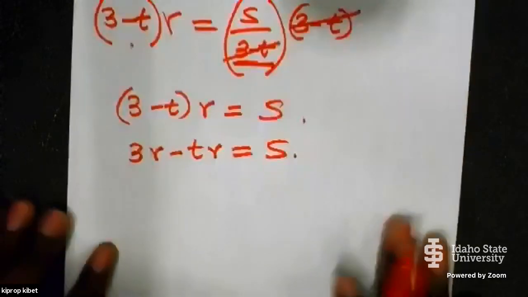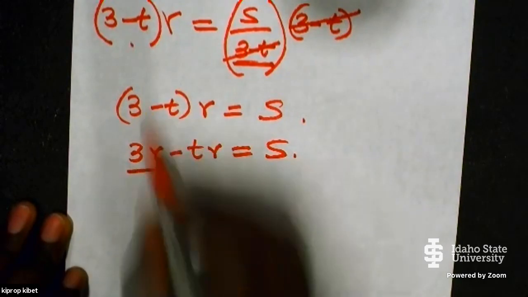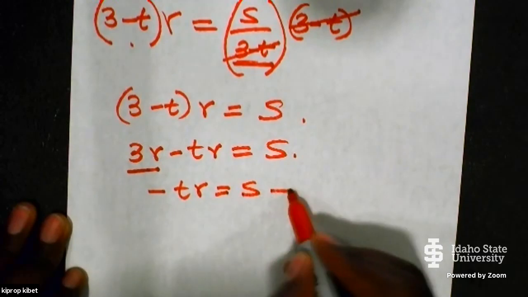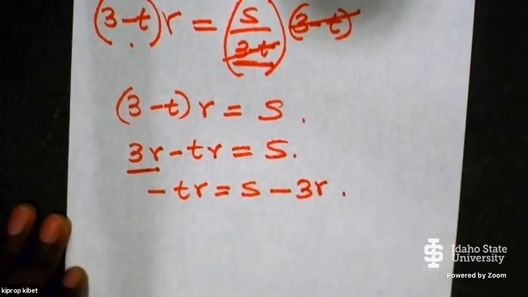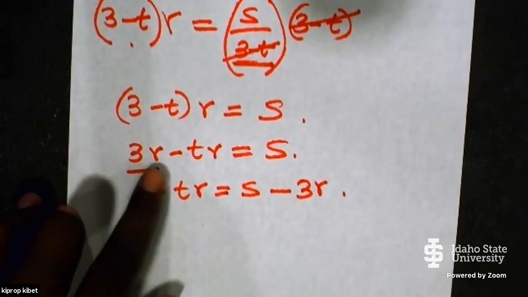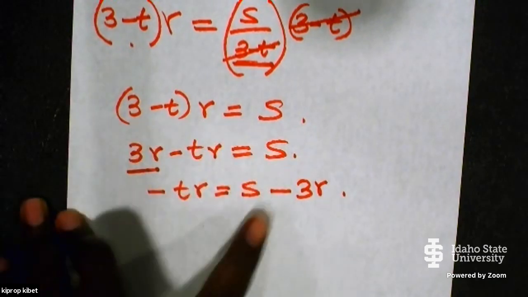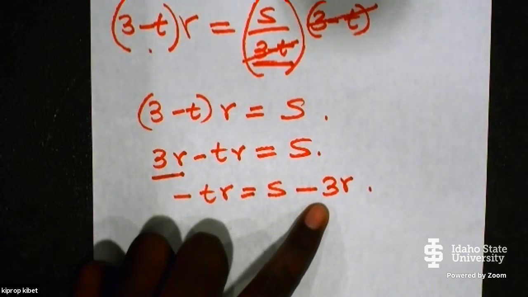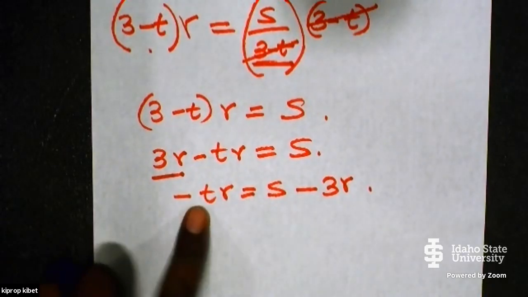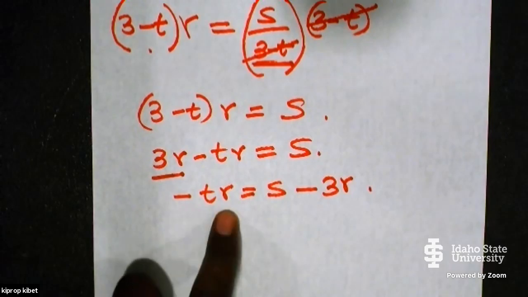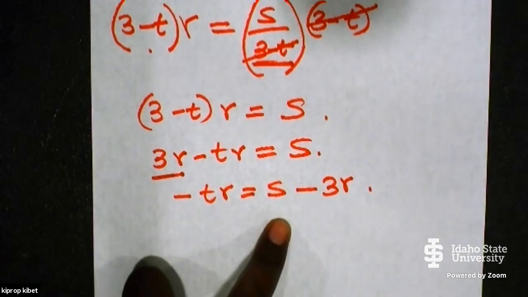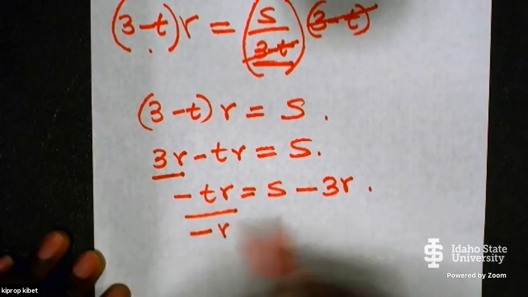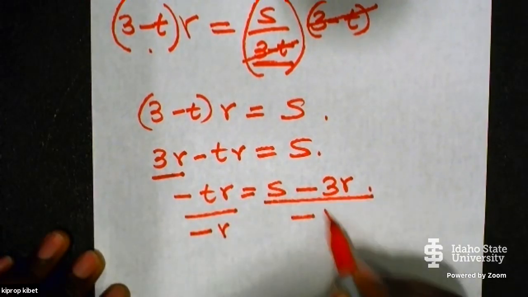So you take this first to the other side: minus tr equals s minus 3r. When you take this to the other side, the plus becomes minus. Then what do you do here? You want to make t the subject. You divide by negative r, everywhere.